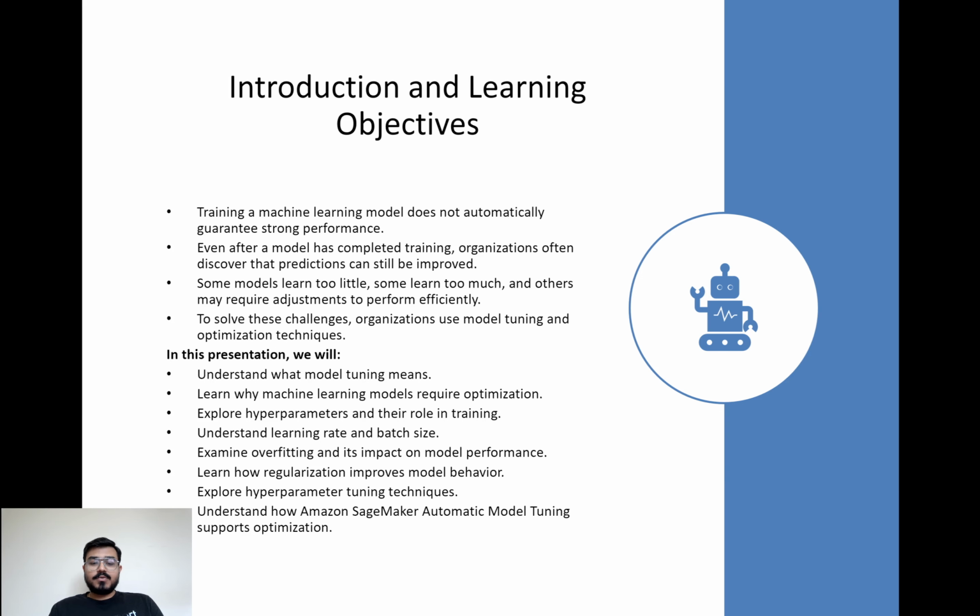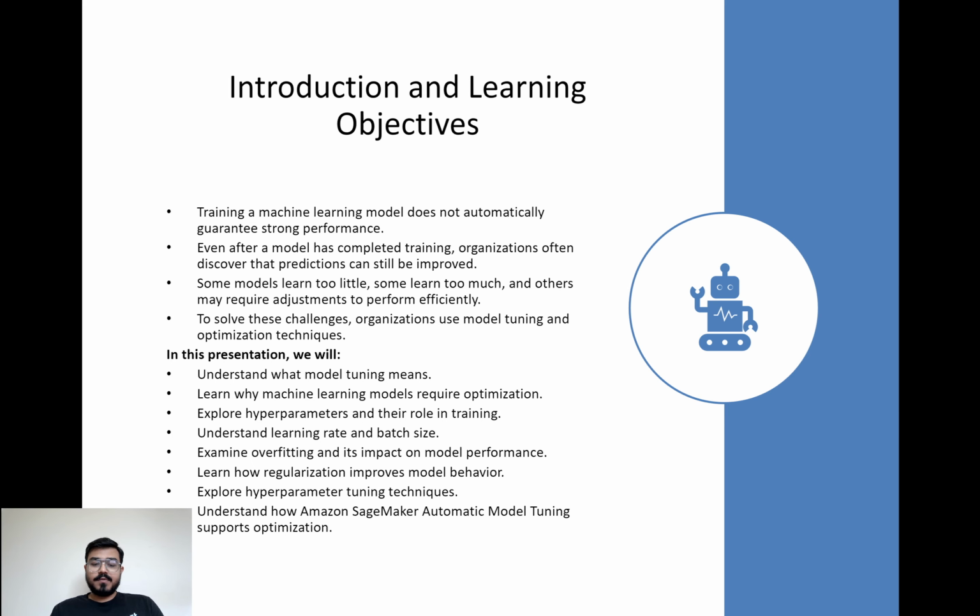Sometimes the model learns too little from the available information. Other times it may learn too much and become overly dependent on the training data. In some situations, the model may work correctly but require too much time or computing power. Because of these challenges, organizations use tuning and optimization techniques to improve performance.